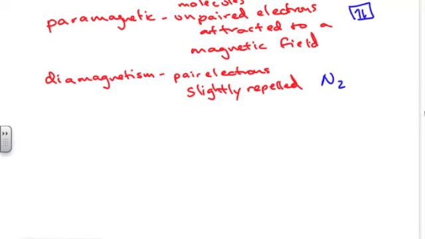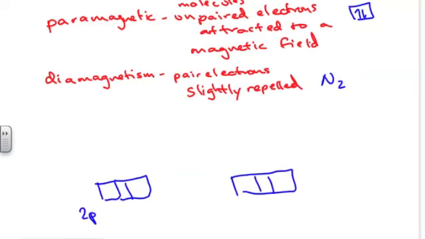However, if we look at oxygen, we will just go directly to our 2p's. Oxygen ends with the configuration 2p4. So 1, 2, 3, 4. 1, 2, 3, 4.